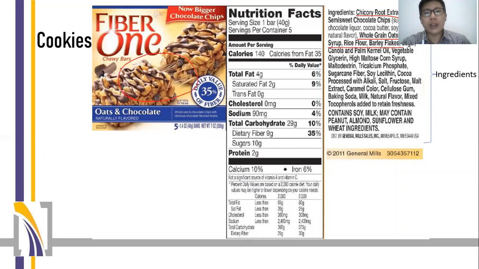It's a lot for just 1 bar of chocolate. Looks healthy? Think again, because there's also caramel color, may contain peanuts, almonds, sunflower, tricalcium phosphate, sugarcane fiber, and if you look at the sugar, the sugar is 10 grams for 1 bar.